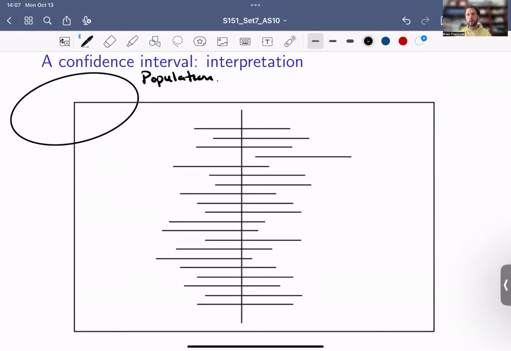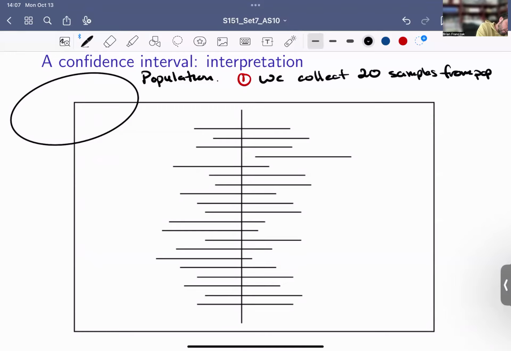So this elliptical object here represents the population. Now in this illustration, we collect 20 samples from the population. So from that circular object, we have collected 20 samples.